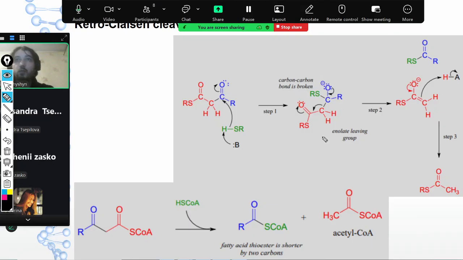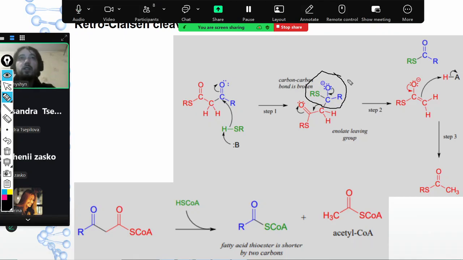You see a pretty interesting structure here. Do you remember how I called that when we were considering all the chemistry and all those nucleophilic attacks? I called that something intermediate.